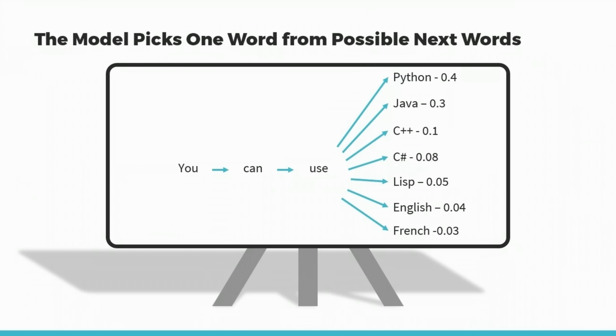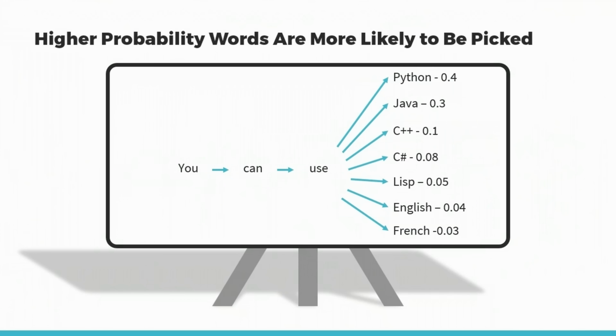While generating the output sequence, the model has to pick one word from all of these possible next words in the sequence. Now, since each word is assigned a probability, the model picks one word from the possible next words based on the probability scores. This means that words that have higher probability scores tend to be more likely to be picked.